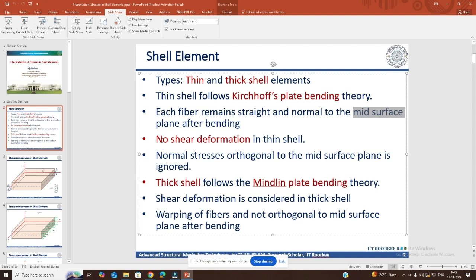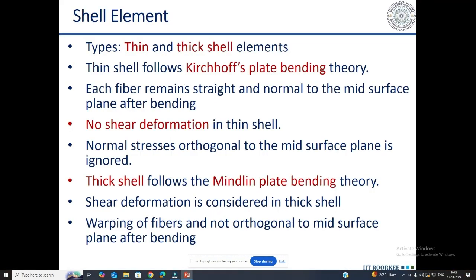And as I said, there will be no shear deformation in case of thin shell element, and normal stress orthogonal to the mid surface is ignored.